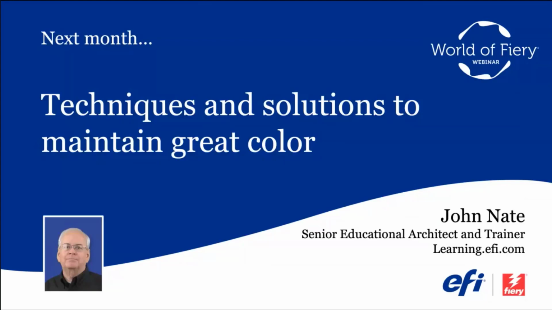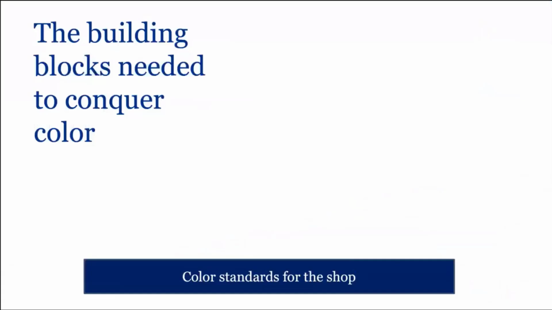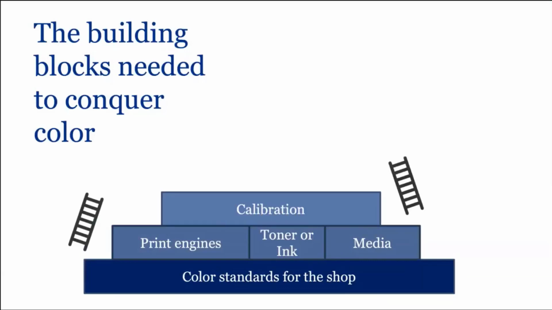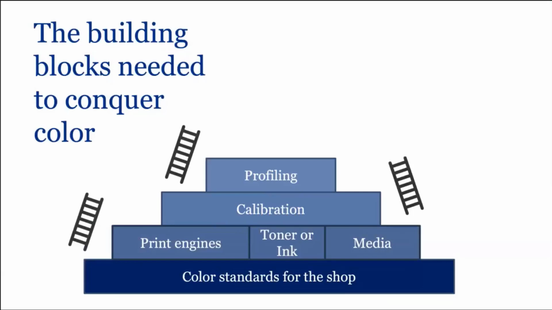What we're talking about really is the building blocks in order for you to get great color today. And this all comes under this heading of process control. It includes setting up standards for your shop. It includes monitoring and taking care of maintenance on your print engine, that your toner or ink is the toner and ink that you want to use, that the media is properly selected, that you perform calibration and move on to profiling.